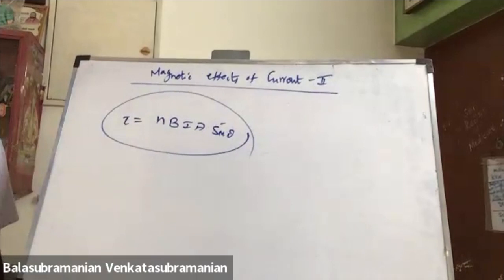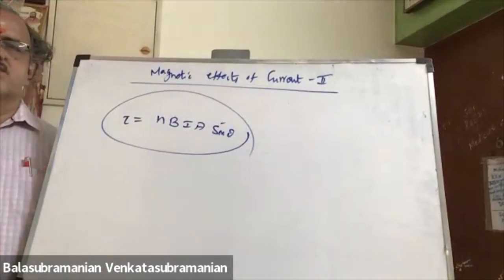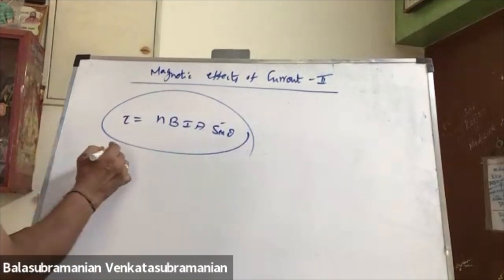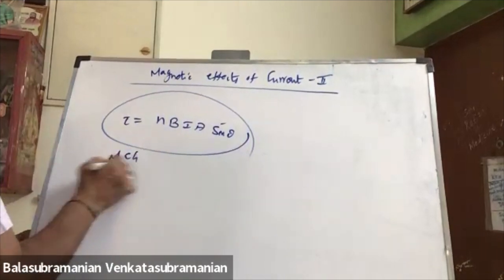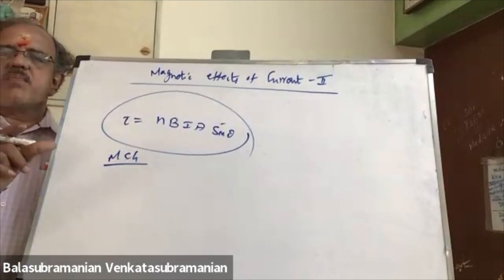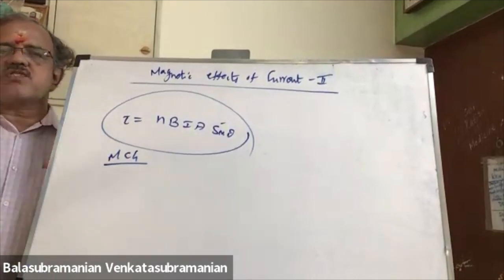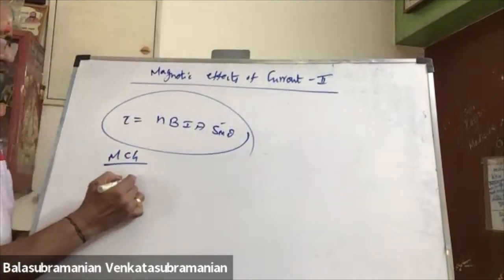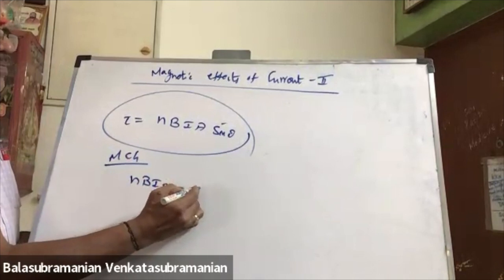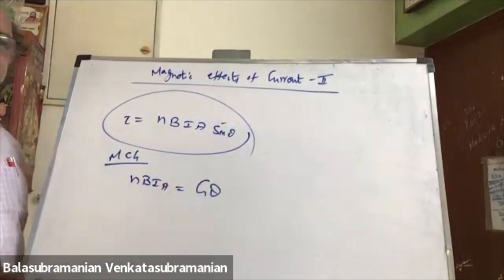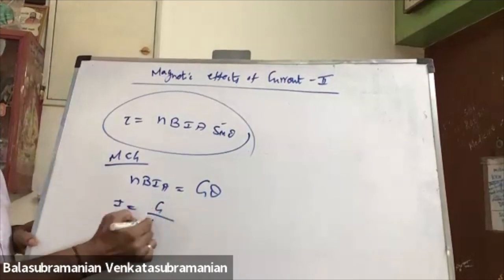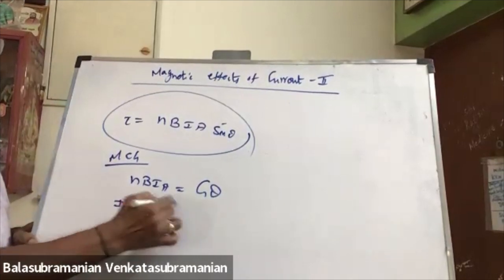This is the torque. In the moving coil galvanometer, the moment of deflecting couple is equal to the moment of restoring couple. Deflecting couple is N B I A, restoring couple is G theta, where I is equal to G by N B A into theta.